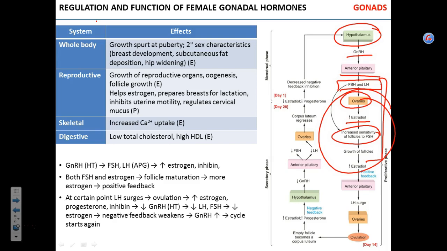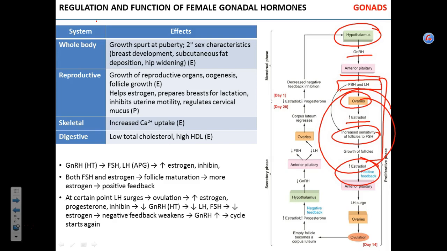And then, right before the ovulation, there's a surge of estrogen from the follicle, okay, which changes the feedback between the ovaries and the anterior pituitary from negative to positive.